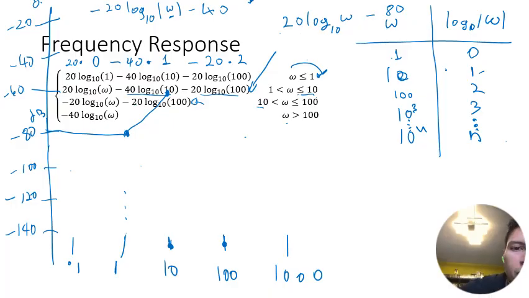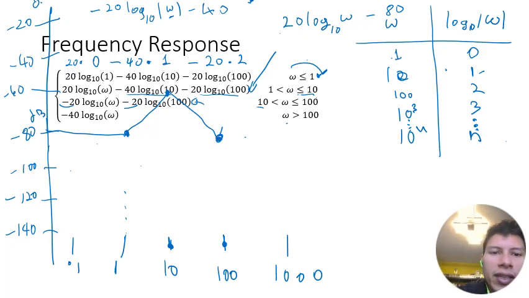So we're just going to go up here down to 0. Minus, oh, whoa, sorry, I apologize. It's minus and minus, so it's actually negative 20 times 2, which gives us negative 40, minus 40, that's going to give us negative 80, so we're going to go down here, back to negative 80.